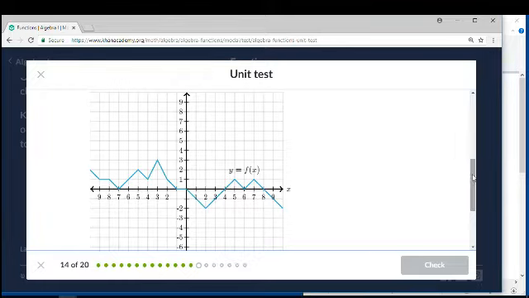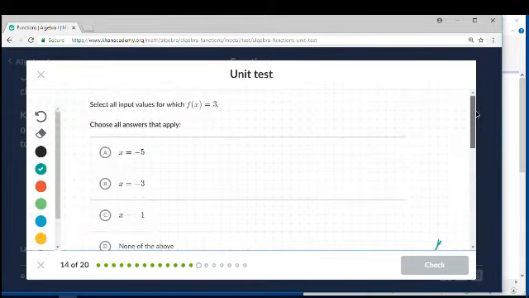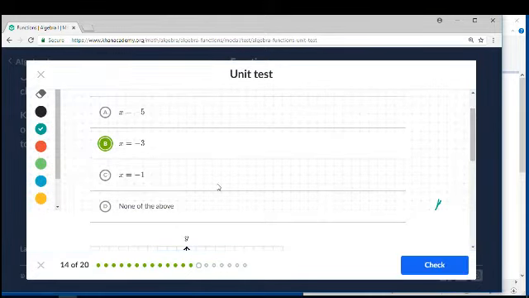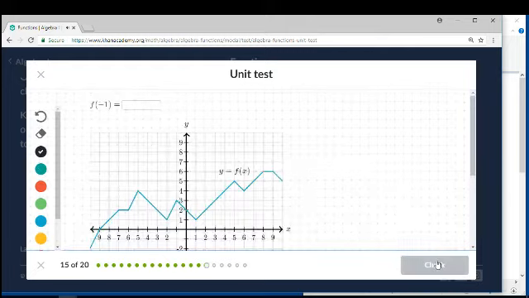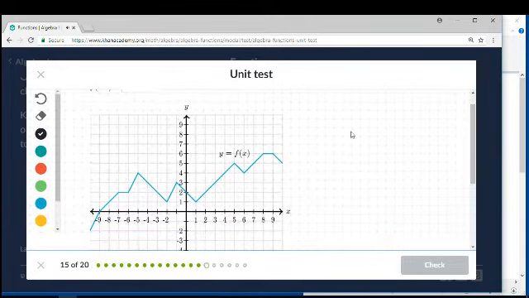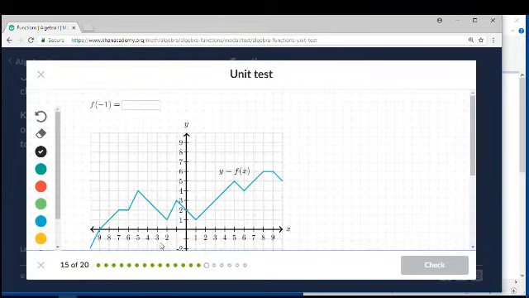Just when x equals -3, f of x equals 3. When x is -1, f of x is 3.